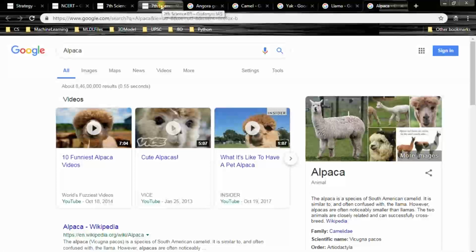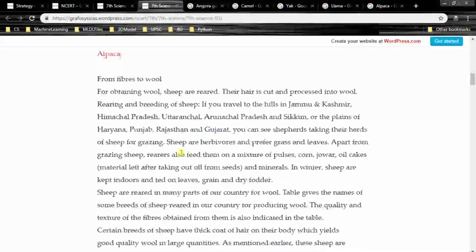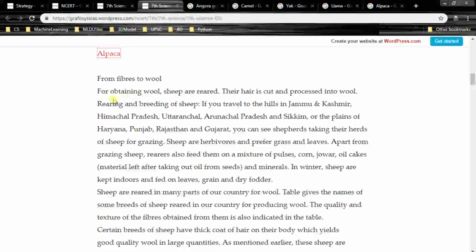From fibers to wool. For obtaining wool, sheep is reared. Their hair is cut and processed into wool. Rearing and breeding of sheep.